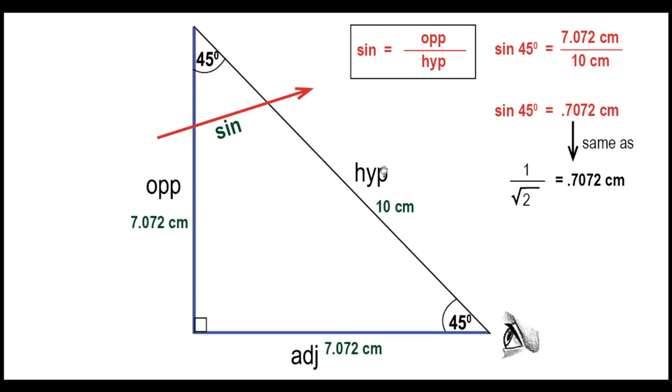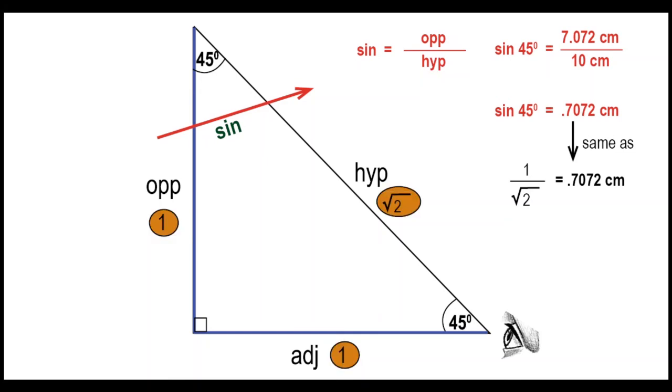As we divide 7.072 centimeter divided by 10 centimeter, we get an answer called 0.7072. Similarly, 1 by root 2 gets the same answer. To remember it as 1 by root 2 is easier than remembering the decimal, that is 0.7072.